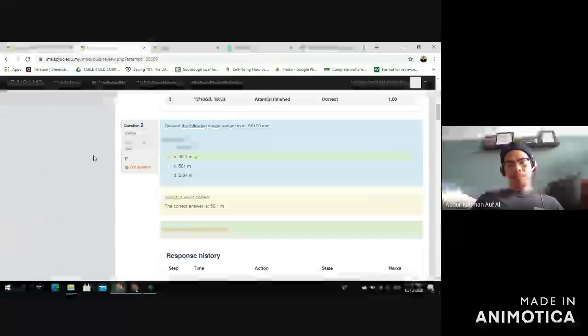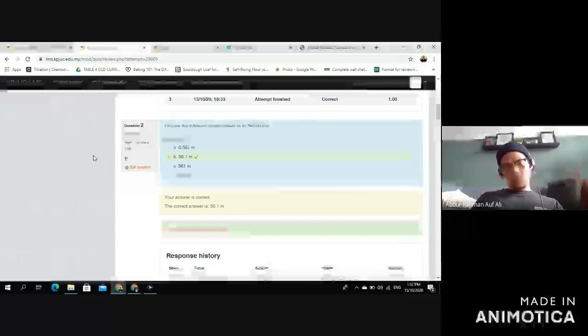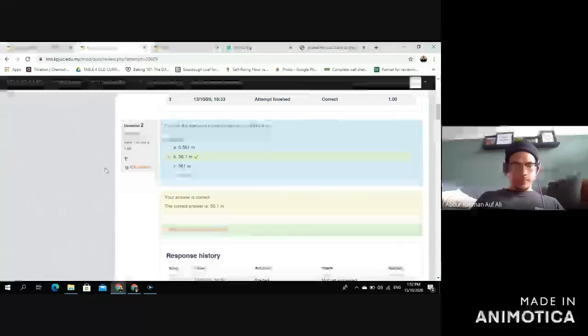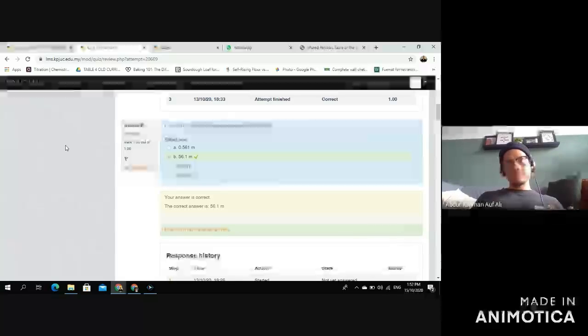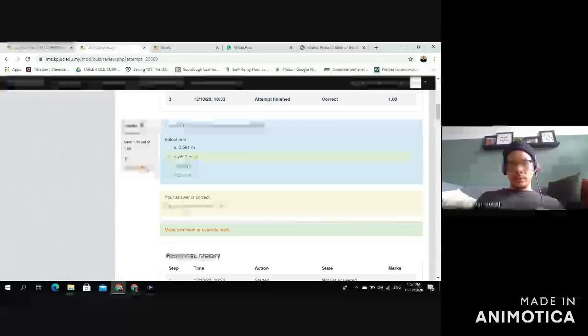I start from the basics and build up the difficulty level from question number 1 to question number 10. Question number 2, convert the following measurement, 56,100 millimeter to meter. So the answer is B, 56.1 meter.